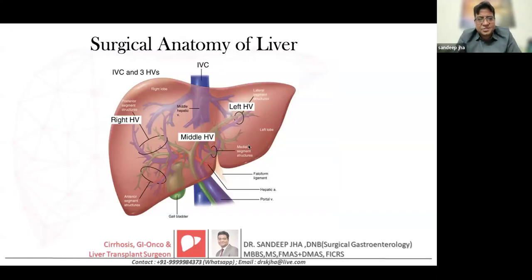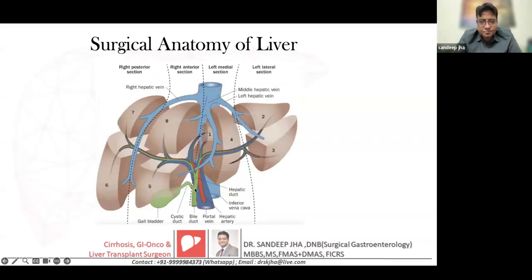This is another picture showing the anatomy where we have to divide the right portal vein, the right hepatic artery, and the right bile duct, and that's how we retrieve the graft from the donor, by dividing here in the portal vein and the hepatic artery.